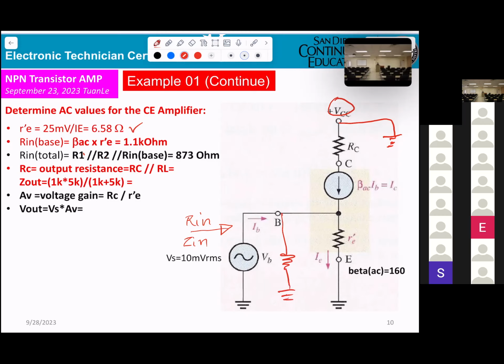That's what they call R in base. You're supposed to get 1.1 kilo ohm.